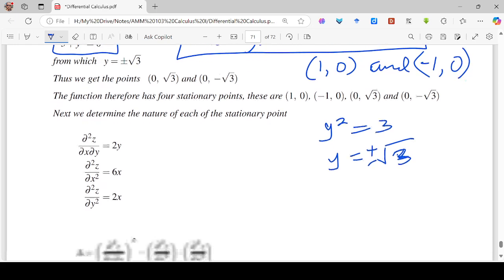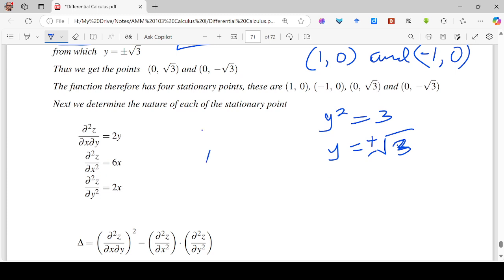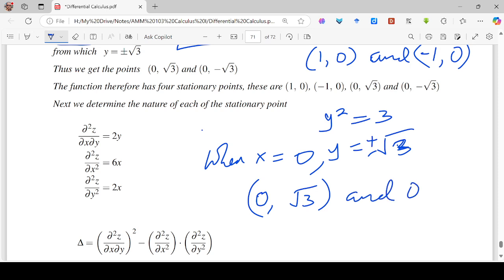So that means that when x is 0, y takes either positive root 3 or negative root 3. So in this case, we get two other stationary points, (0, root 3) and (0, negative root 3).